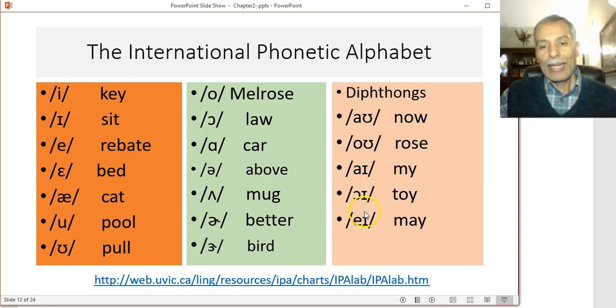And then the A, as I explained, it is found in individual words of one syllable. And when you have the sound A, as in may, why don't you stay, day.